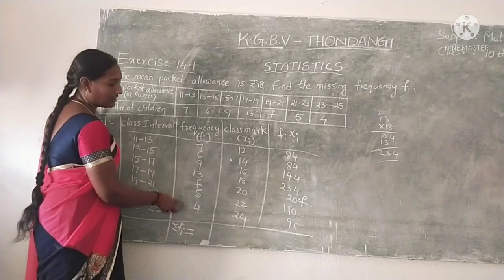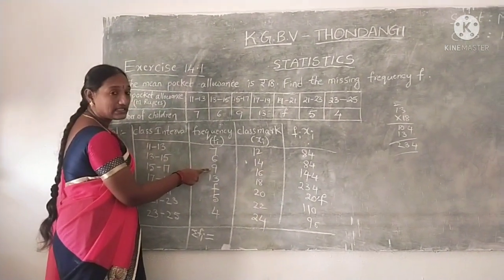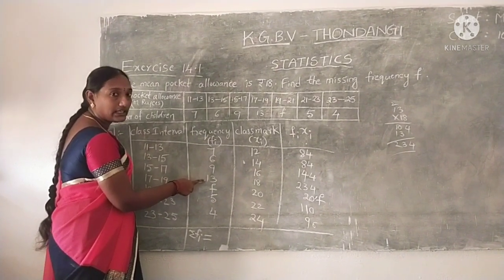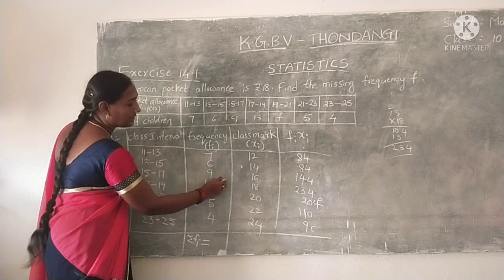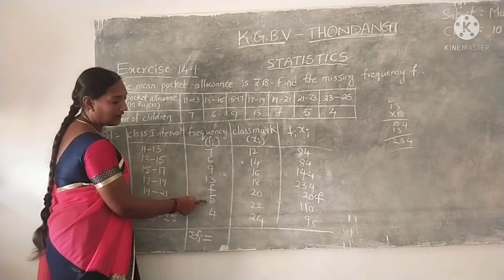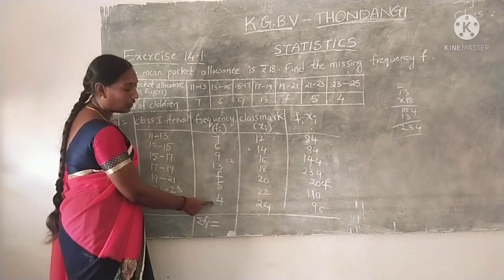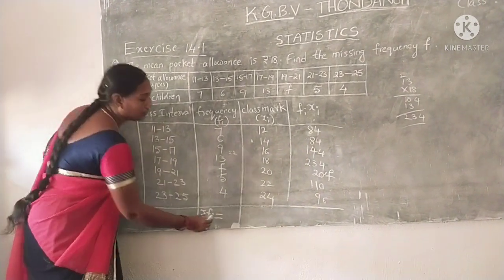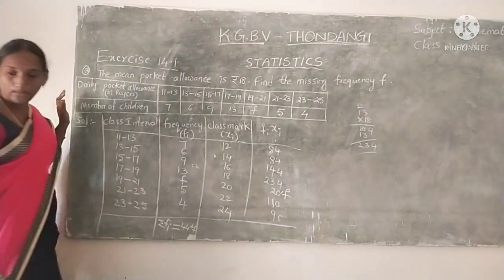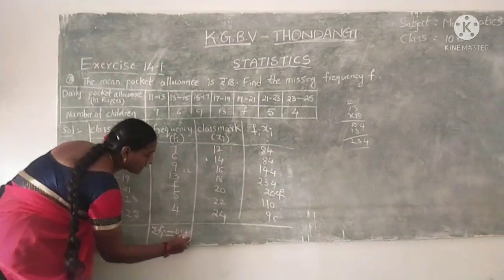What is the total value here? 7 plus 6 is 13. 13 plus 9 is 22. 22 plus 13 is 35. 35 plus 5 is 40. 40 plus 4 is 44. Here, 44 plus F.